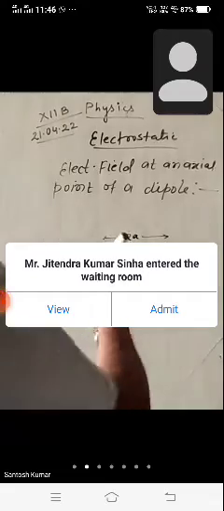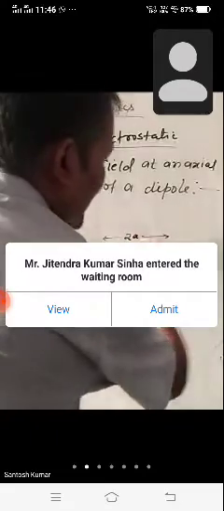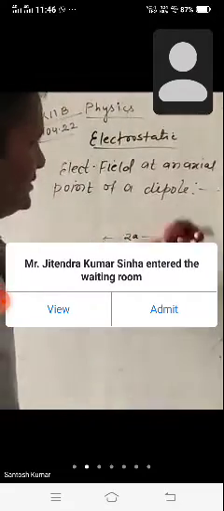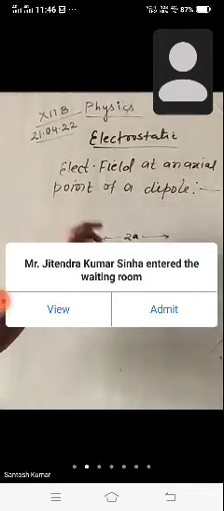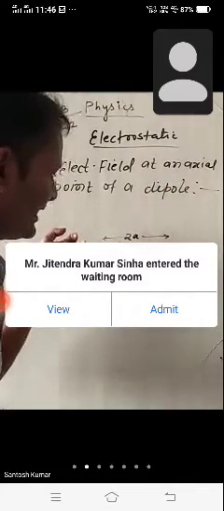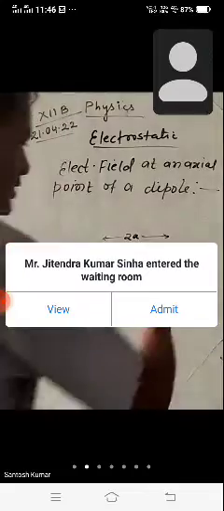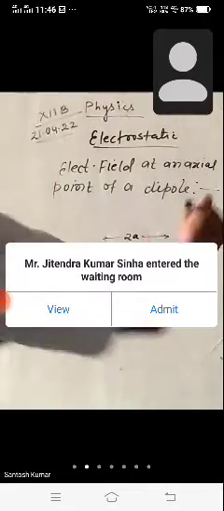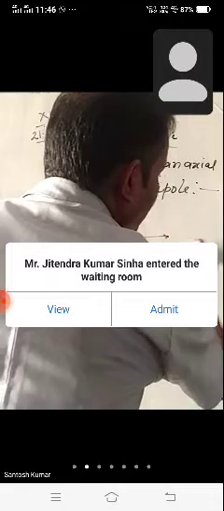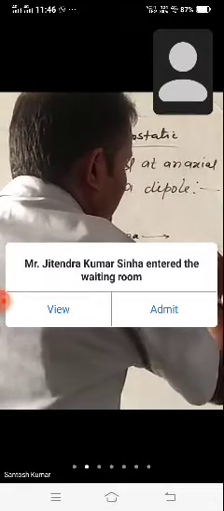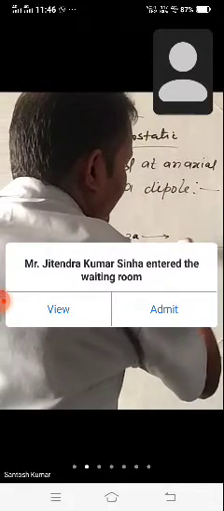Just see through the diagram. First of all, along its axis, this is an axial point, meaning any point that will lie along the axis. So suppose there is a point, this is a point P. Just take care.